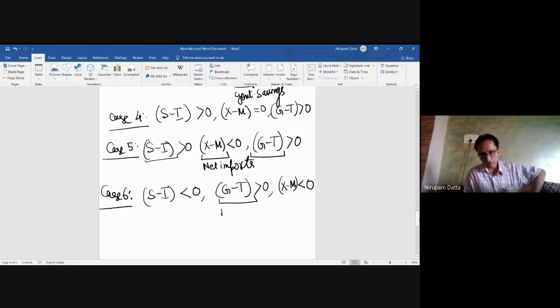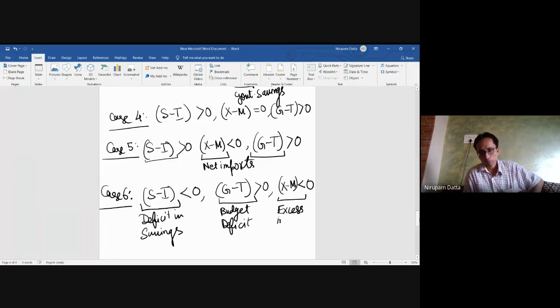Now there is a budget deficit, there is a deficit in savings, and there are excess imports. So now what is happening? India is now borrowing because there is a deficit in savings and a budget deficit, while there are excess imports. So India is borrowing from the rest of the world to buy the rest of the world's goods as well as to finance the budget deficit.